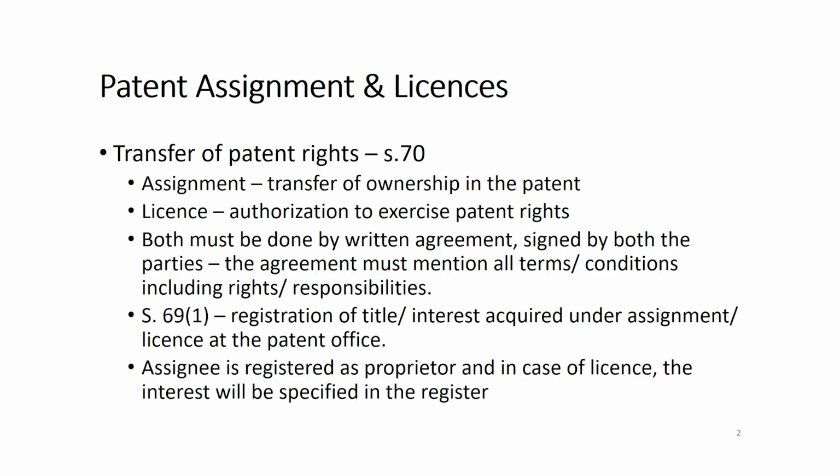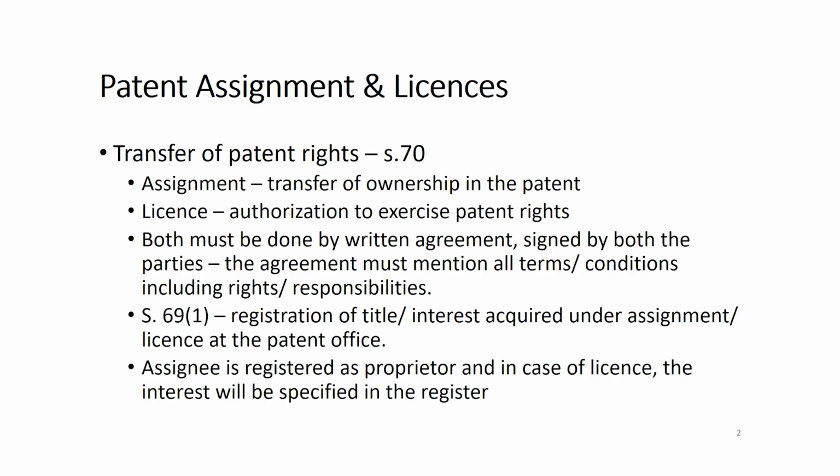Same as copyright law, here also both these documents must be executed in writing, must be signed by both the parties, and the agreement of assignment or license must mention all the terms and conditions, including rights and responsibilities of the parties. Section 69 subsection 1 talks about registration of title, registration of interest. In case of assignment, the title will be registered.